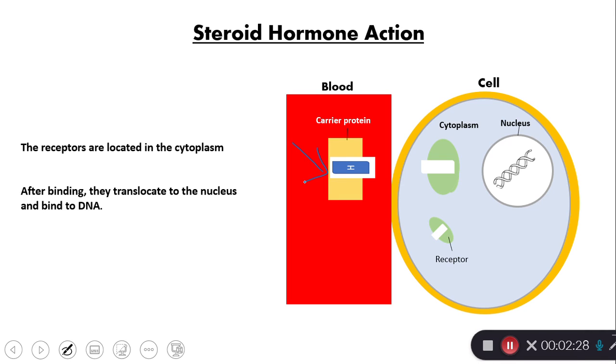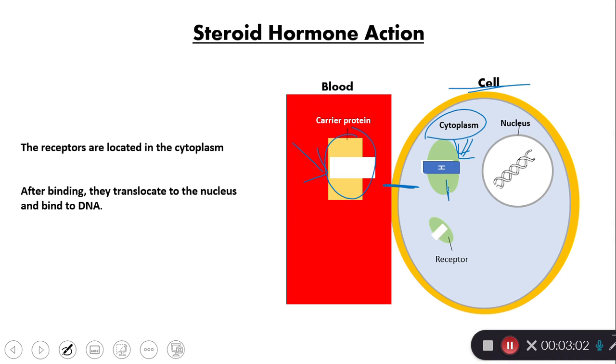They are transported in the blood, and then as they approach the target cell, they are able to enter through the lipid bilayer of the cell membrane, where our receptors are here in the cytoplasm. So here, the hormone is able to enter through the lipid cell membrane, and now it interacts with its receptors found in the cytoplasm.